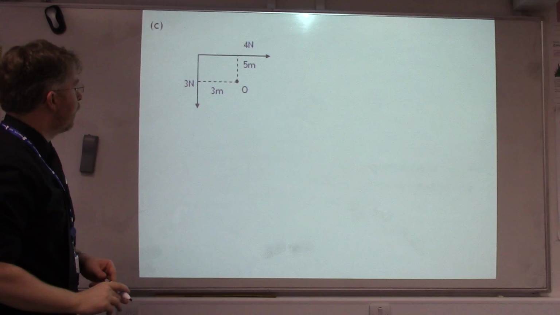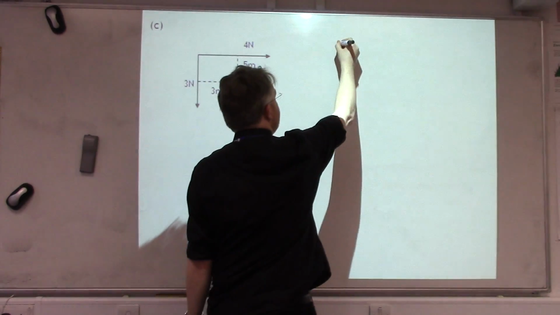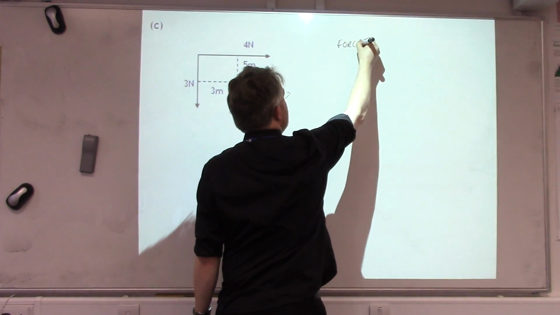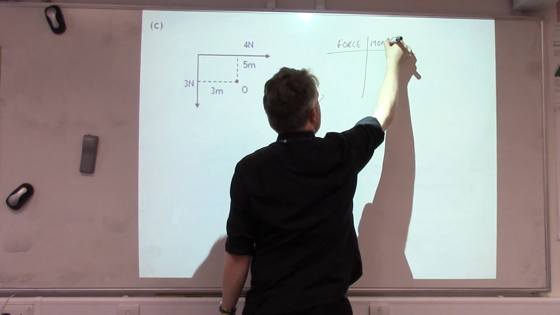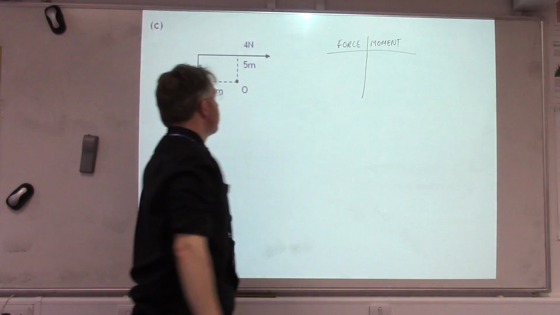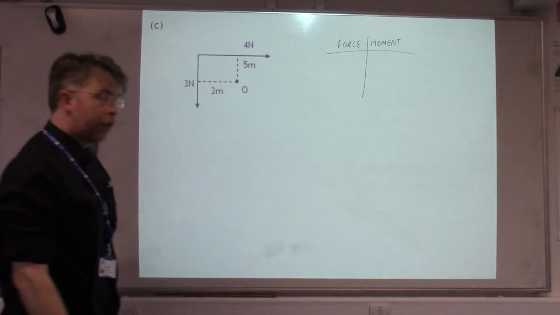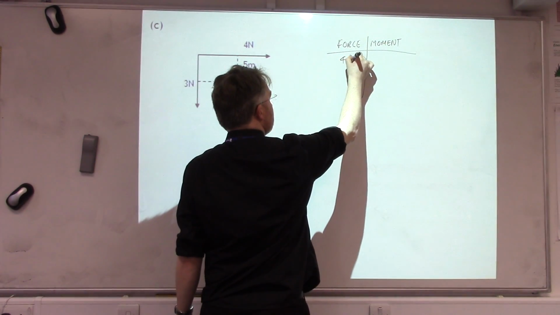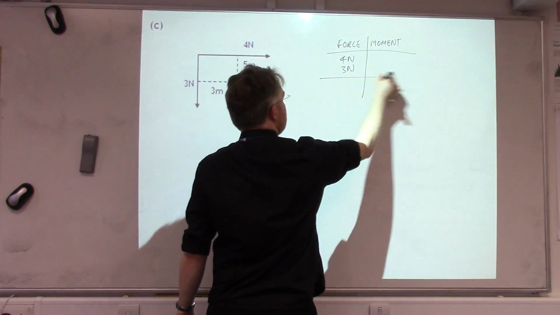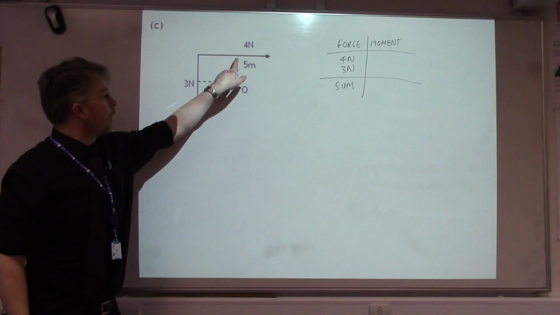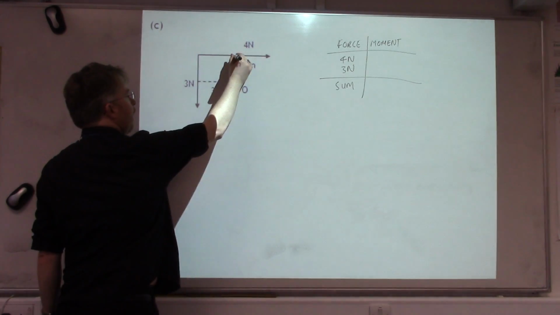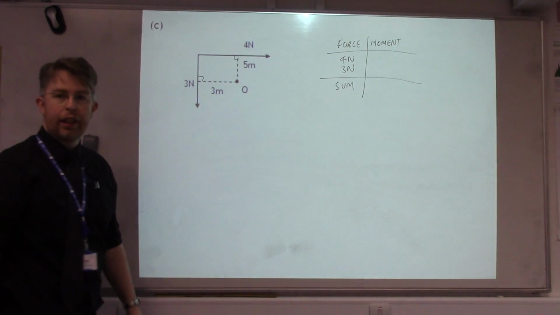So again, draw our table, no trig required here. So we've got two forces, 4 newtons and 3 newtons. So the 4 newton force is 5 metres away perpendicularly. Both these distances are perpendicular.